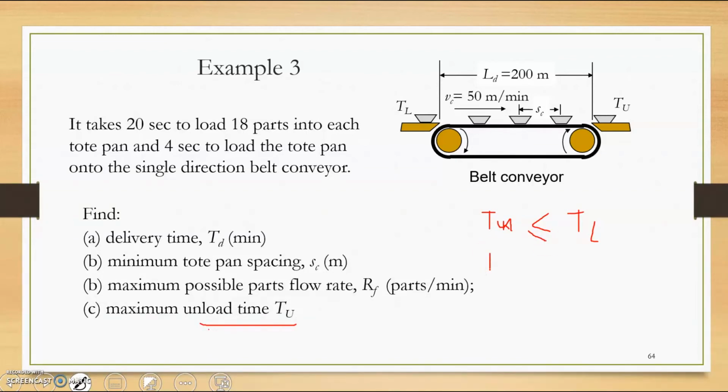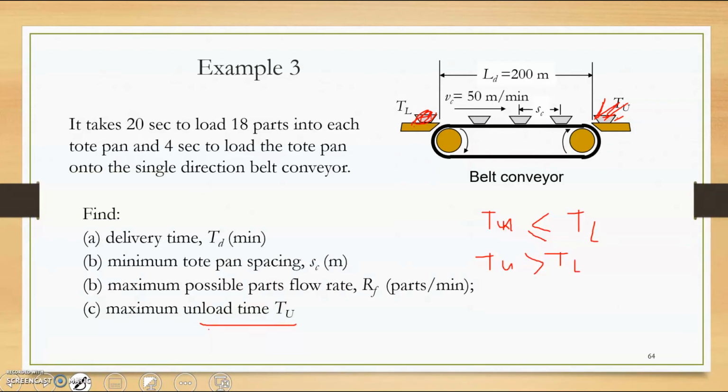We know that if TU is more than TL, the time to remove the parts at the unloading station is longer than the time to load parts into the tote pan.